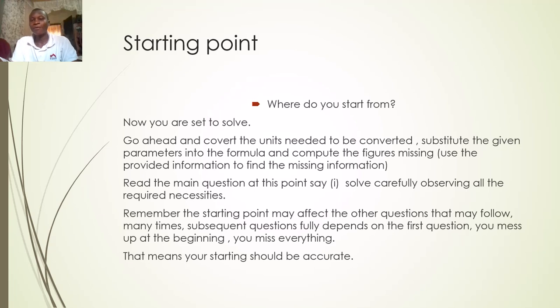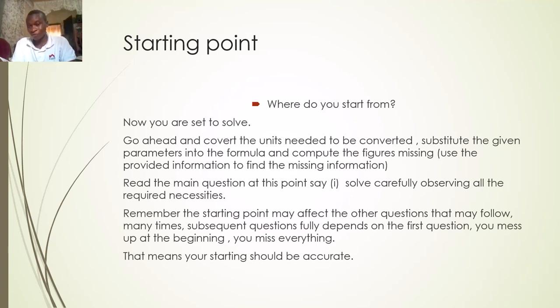Now go ahead and convert the units if there are those to be converted. Substitute the given parameters into the formula and compute the figures that are missing. This technique is called using the provided information to find the missing information. Use what you are given to find what is unknown. The formula will help you in doing this.